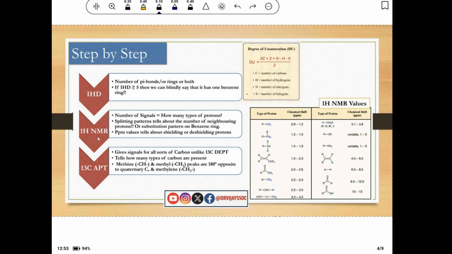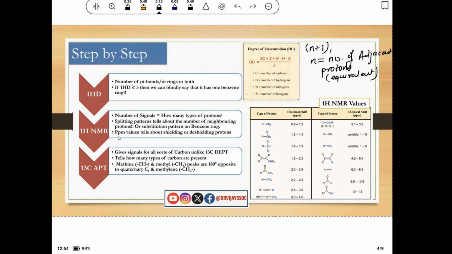So from 1H NMR we will see the number of signals, equal to how many types of protons are there. Then we will see splitting patterns, which will tell us about the number of neighboring protons or substitution patterns on the benzene ring. So we know that splitting pattern follows the n plus 1 rule, where n stands for the number of adjacent protons which are equivalent.